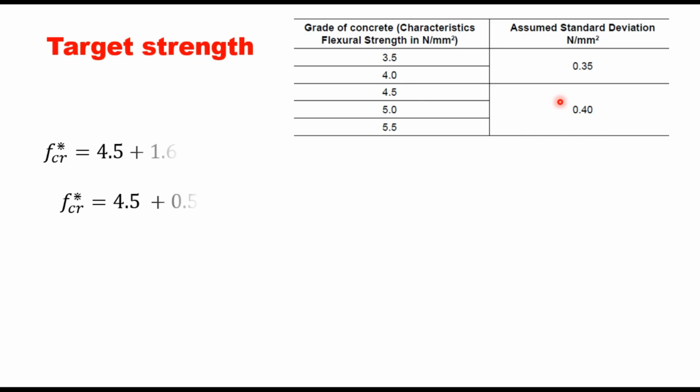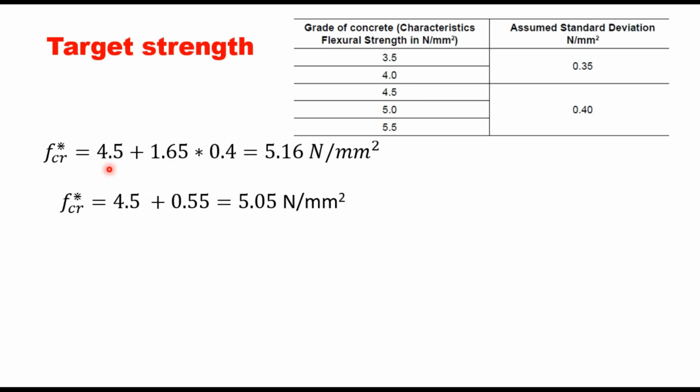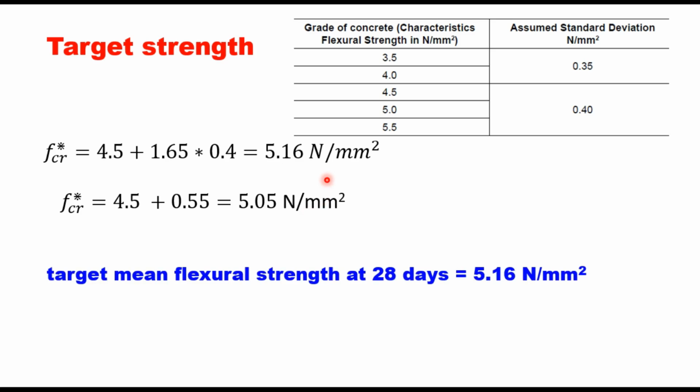So with this value you calculate the required or target strength, that is 4.5 plus 1.65 into 0.4, 5.16, or 4.5 plus 0.55, that is 5.05. So we will take 5.16 as the target mean flexural strength, 5.16 Newton per millimeter square.